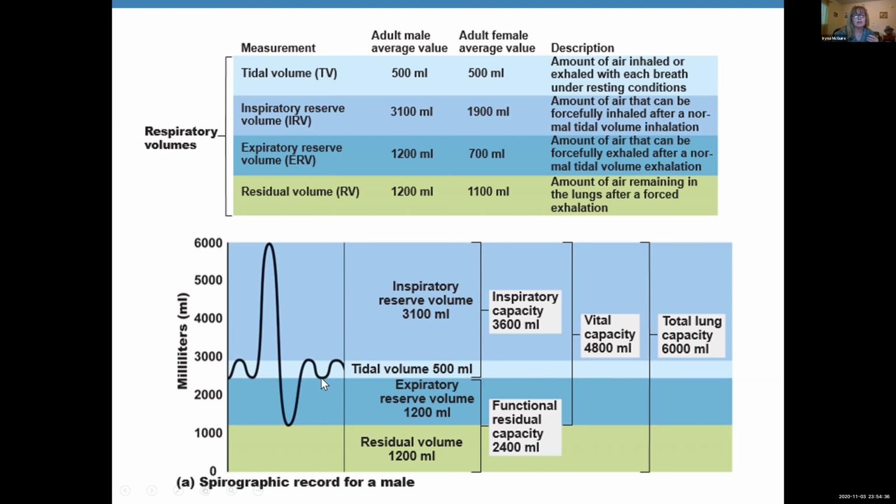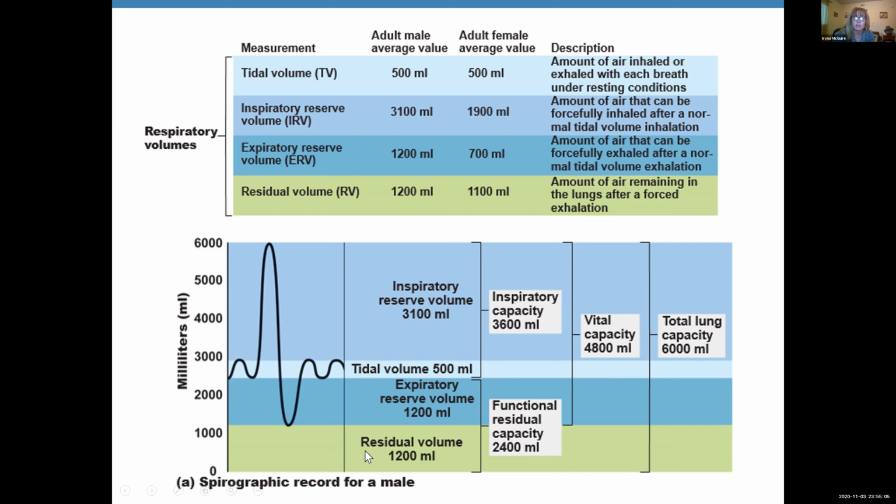Now, the same thing with exhaling. You exhale 500 milliliters, but you can exhale more. If you just exhale as much air as you can from your lungs, it will be your expiratory reserve volume. But even if you exhale all the air that you can, there still will be some air left in your lungs.